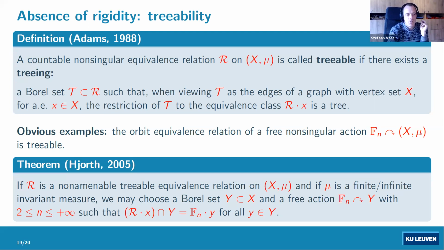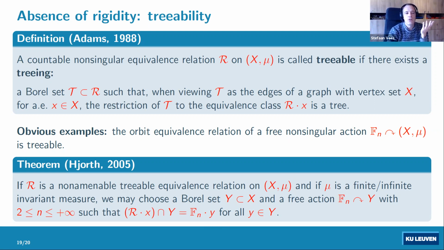But if you have a non-amenable treeable equivalence relation, and if mu is either a finite or infinite invariant measure, then at least on a Borel subset of positive measure, you may choose a free action of the free group such that the orbits of that free action are precisely the restriction of R to my non-negligible part. So you have to leave a little bit of room. You restrict your equivalence relation to a non-negligible subset, and on that subset, it is the orbit relation of a free action of a free group.